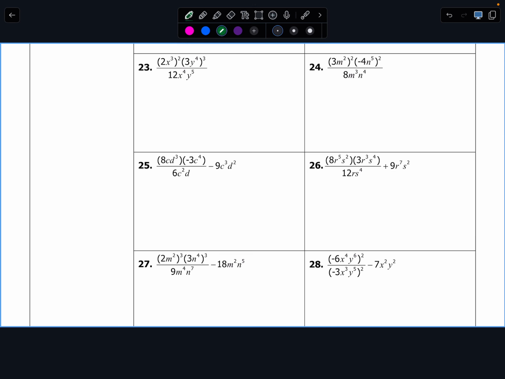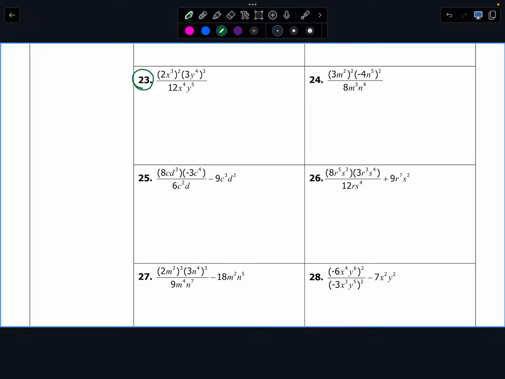Okay. So again, I'm going to do my multiplication first. I'm going to combine what's in my numerator before I divide. So I'm looking at 23. I'm going to take my squared and distribute that to both terms. So I get 2 squared x to the 3 times 2.